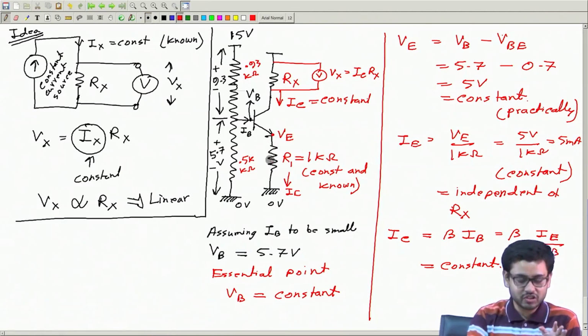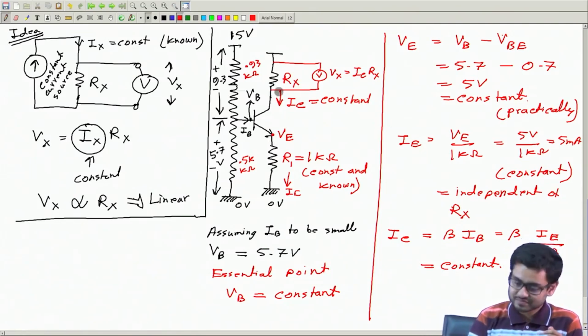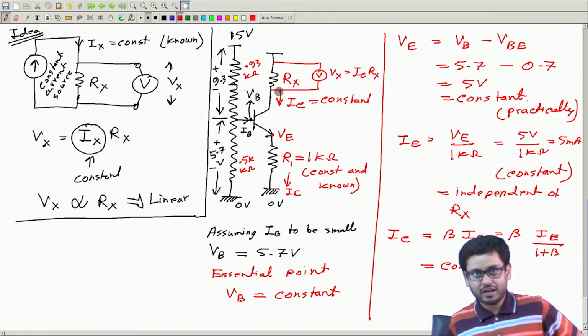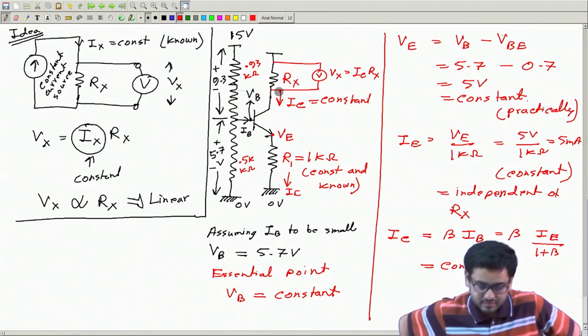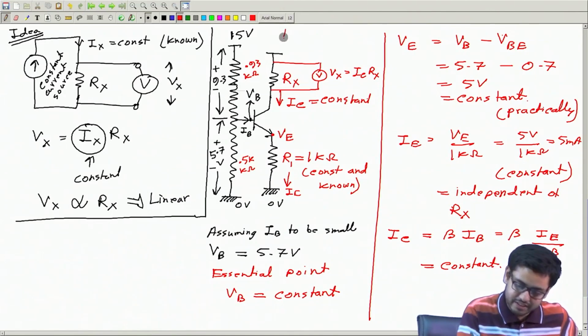So if this current is constant, then this is also practically constant. So I have got a constant current source. So this is a linear ohm meter.